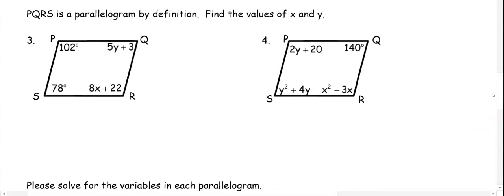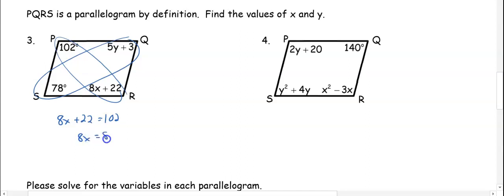PQRS is a parallelogram by definition. Solve for the x and y values. In a parallelogram, we know that we have two angle relationships. We know that the opposite angles are equal or the consecutive angles are supplementary. Here, because we have angle measurements, it's probably easier to set our opposite angles equal to each other. So 8x plus 22 equals 102. 8x equals 80.